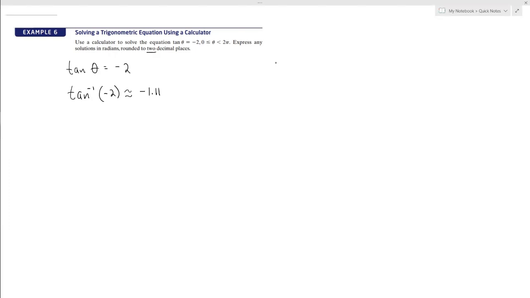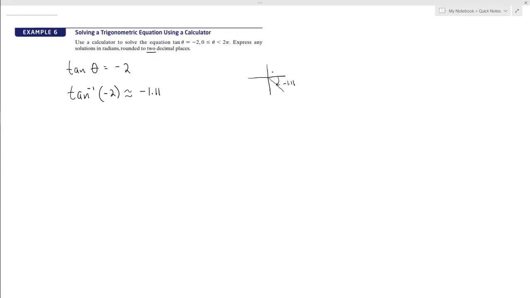Okay, so let's remember that the only time I get a negative result from a tangent is when only one of x or y is negative. So we have a negative y here. So this is going to be the negative 1.11 radians.